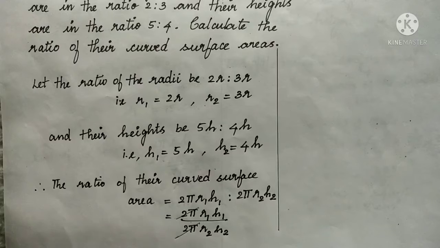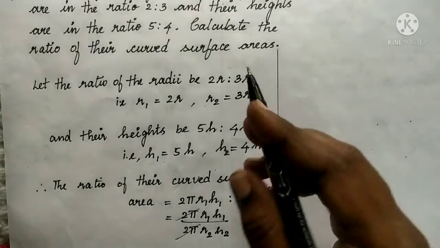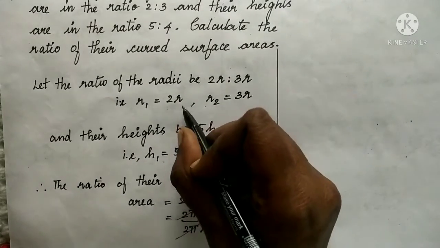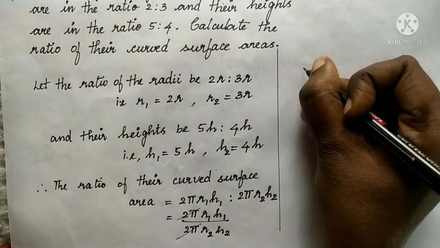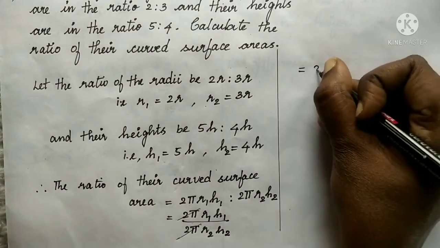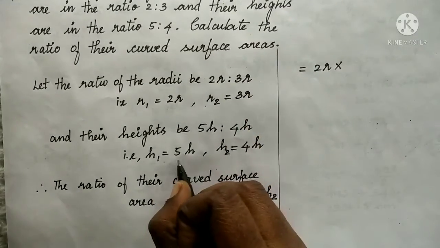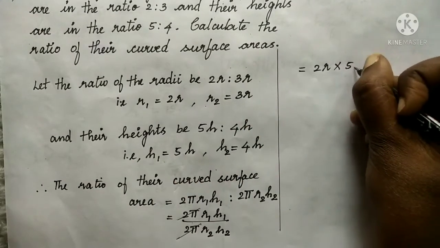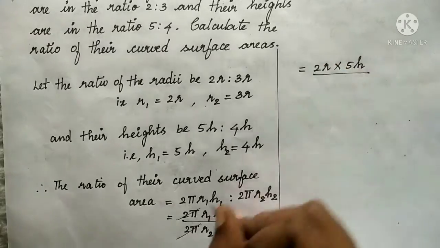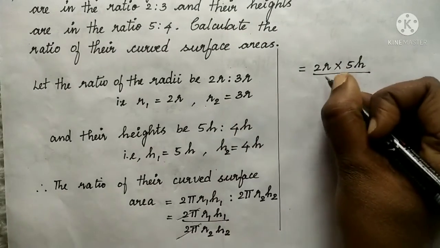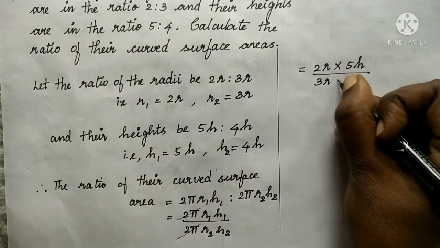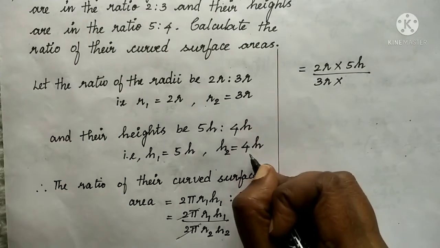We'll have only r1 into h1 divided by r2 into h2. Now we will substitute r1, h1, r2, h2 values. Our r1 is 2r, so 2r into our h1 is 5h, divided by our r2 is 3r into our h2 is 4h.